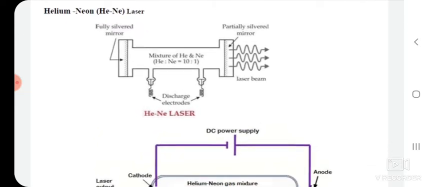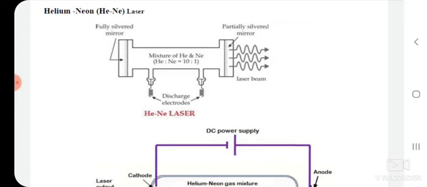Actually, the He-Ne laser is a gas laser which consists of a narrow quartz tube filled with a mixture of helium and neon gases in the ratio of 10:1.